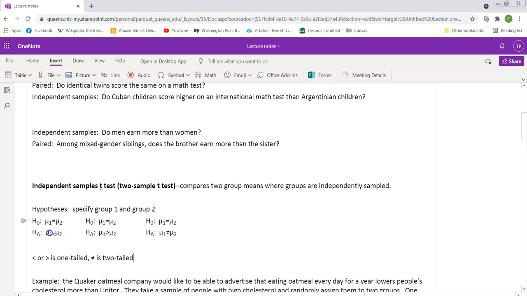Well, here what we're comparing is two samples to each other. And we want to know, is there enough evidence based on how much difference there is in those two samples to determine that one or the other is greater than the other one, or if there's a difference between them in the population.